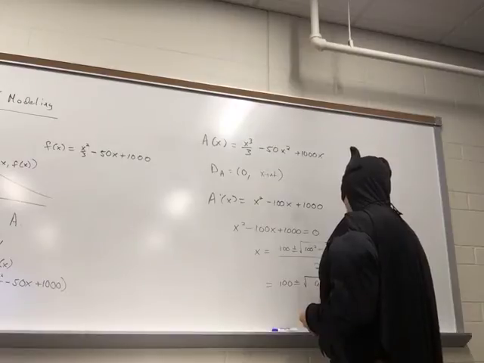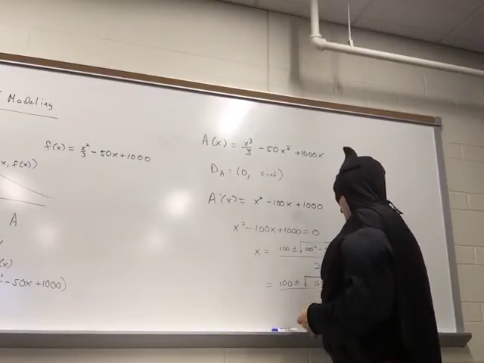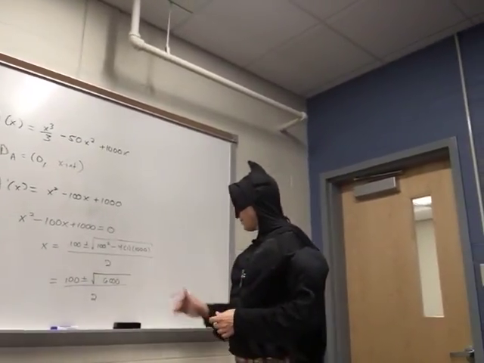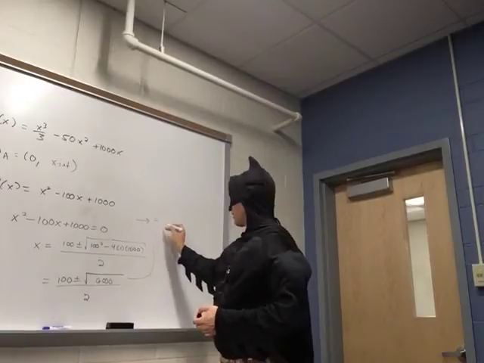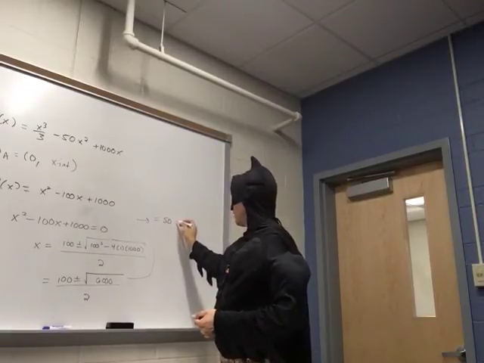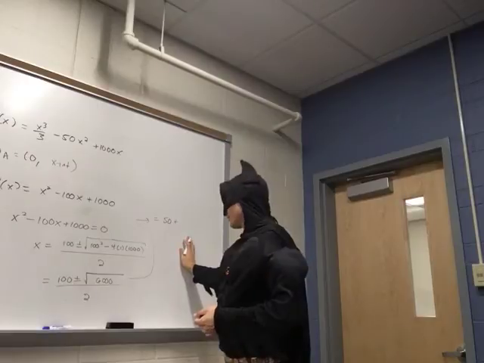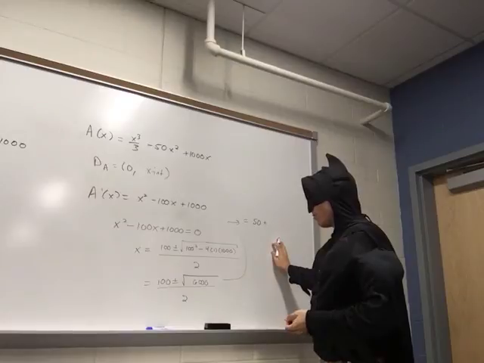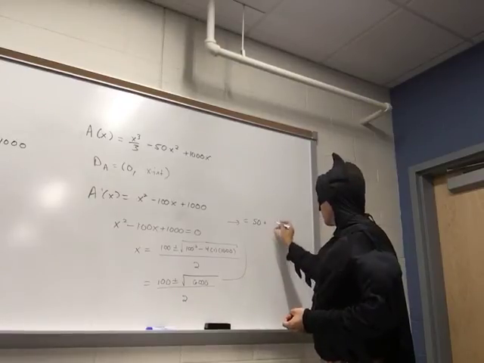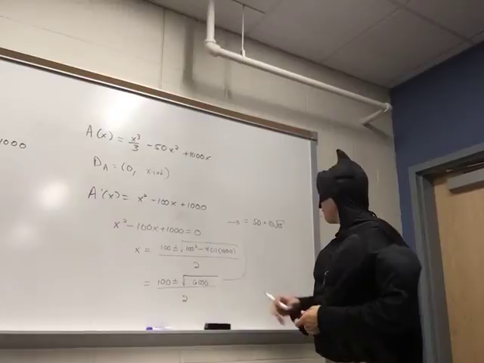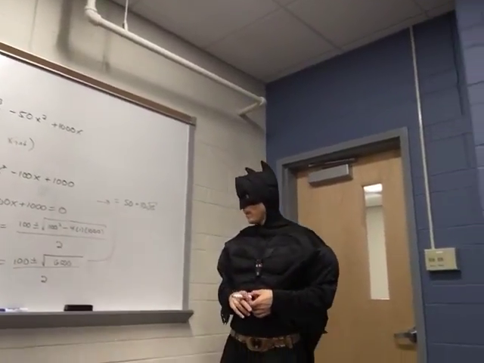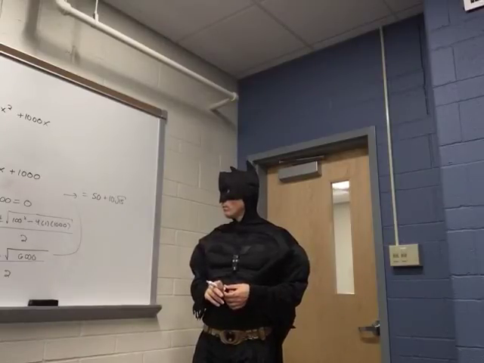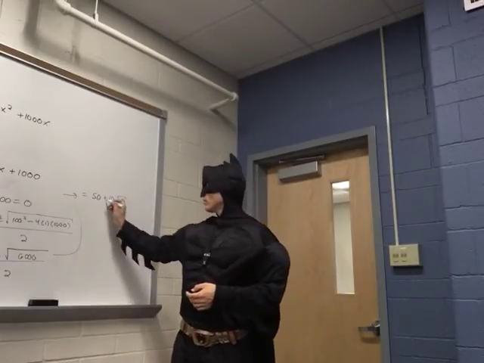With a little bit of work here, this should come out as 6,000 over 2, which can be cleaned up a little bit as 50 plus, take out a 10, take out 400, which is 20, 10 root 15. I think is the correct value. Plus or minus.